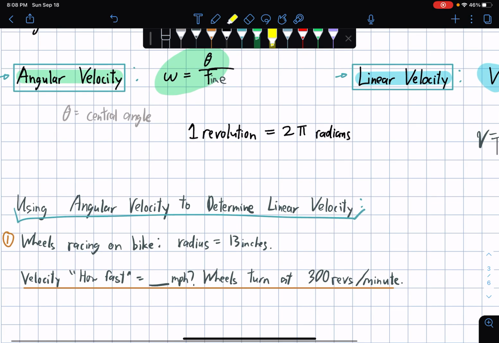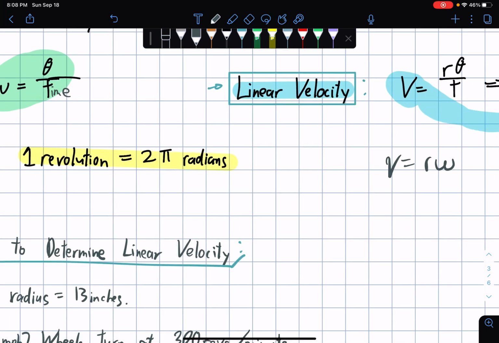Anyways, for number one, let's apply what we have. By the way, before we start the practice questions, you have to know that 1 revolution is equal to 2 pi radians. Or in other words, revolution can also be called in certain word problems as rotation.